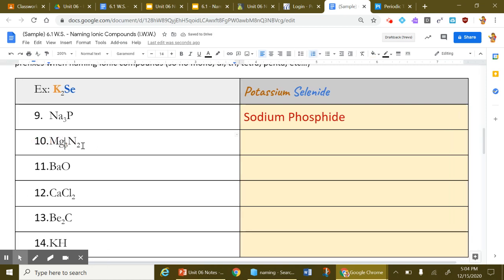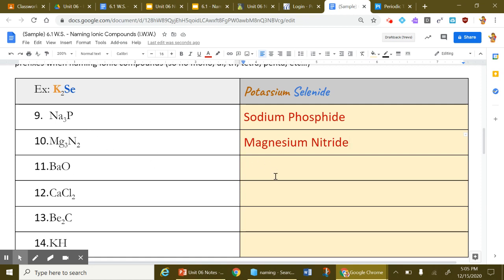These numbers don't really matter as far as the name goes. Mg, I know by looking up on a periodic table, is magnesium. And N is nitrogen, so as a negative ion would be nitride. Remember, the negative ion, its name ends in IDE. So phosphorus becomes phosphide as an ion. Nitrogen becomes nitride as an ion.